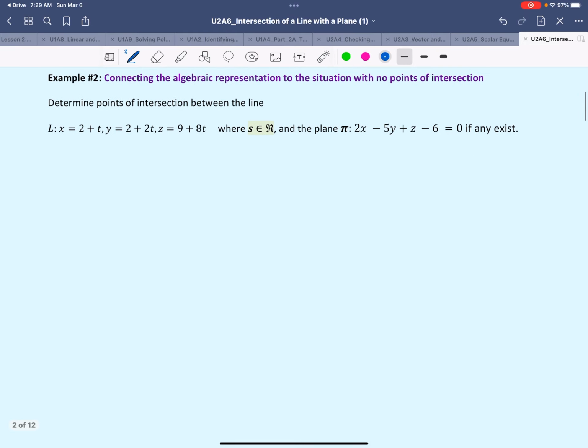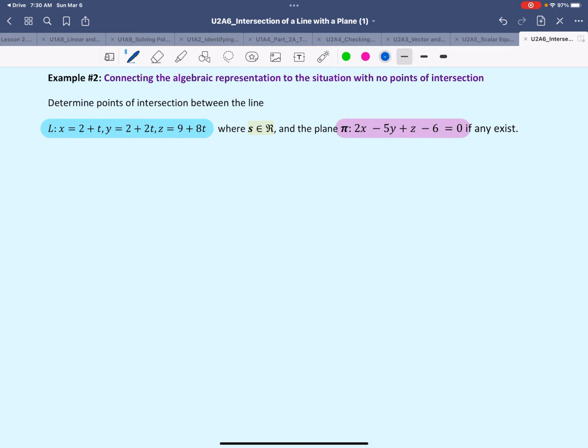In the next example, we have to find the intersection point made between the line given in parametric form, and the plane here, which is given in scalar form. So similar to the previous example, we are substituting the coordinates of x, y, and z into the equation of the plane.